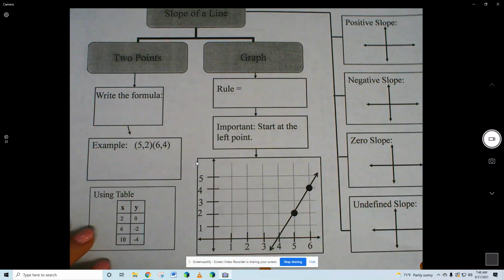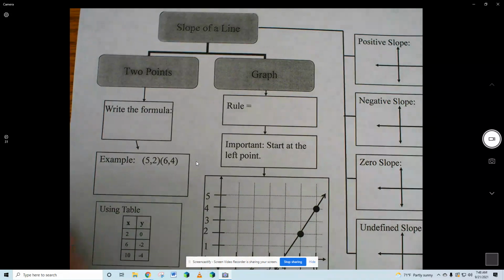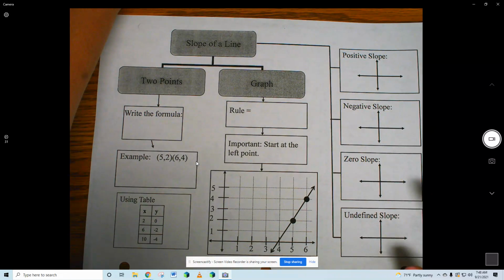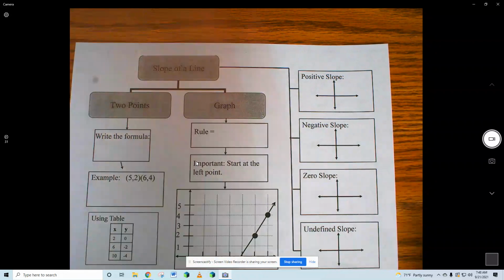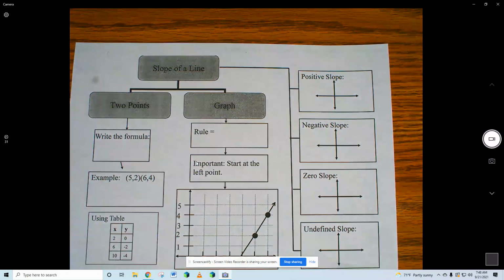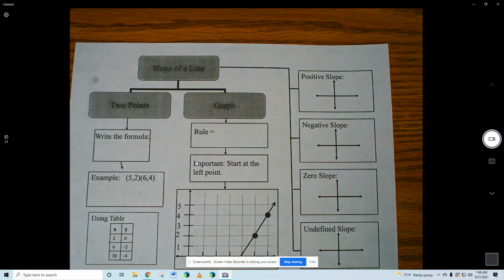Way number 1. You know what? I actually want this to be on the screen. But if I do it on the screen, then the recording won't pick it up. Bummer.